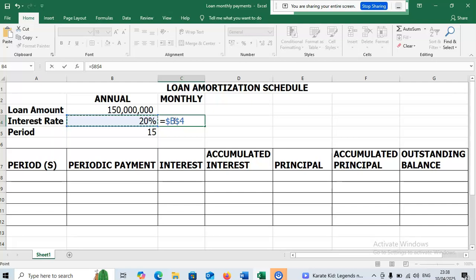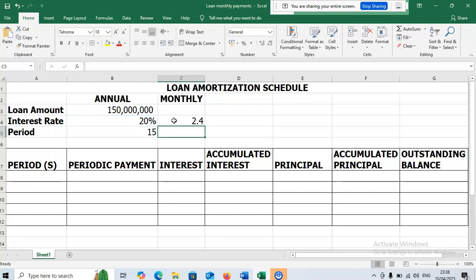Then look for the division symbol on your keyboard, then the 12 months. We want to know how much interest we are going to pay per month. You click OK. Okay, that means one has to pay 2.4 per month as interest rate.